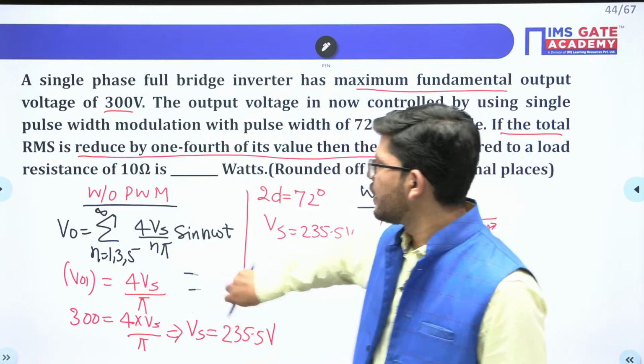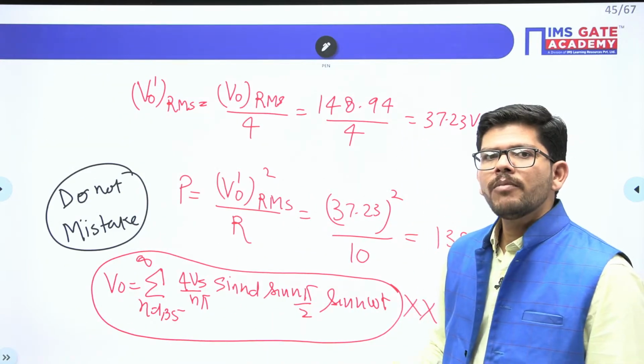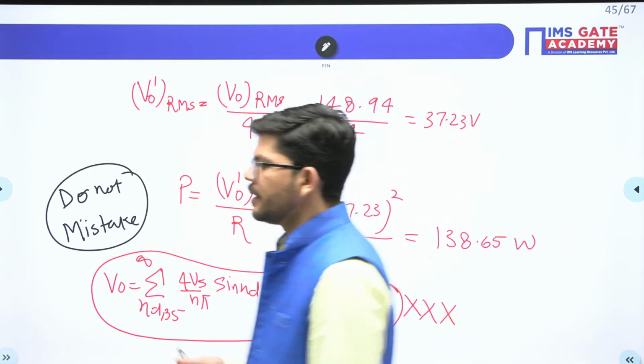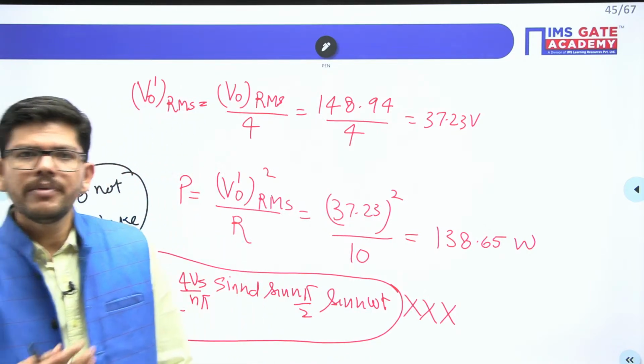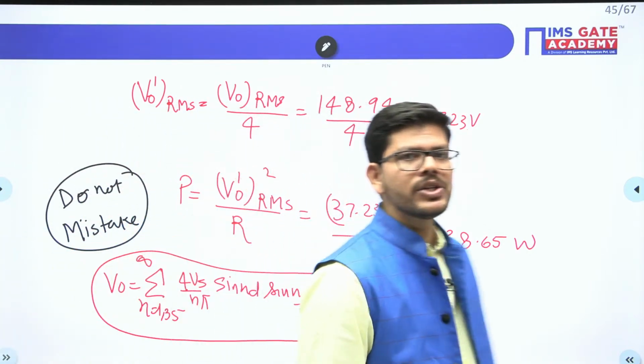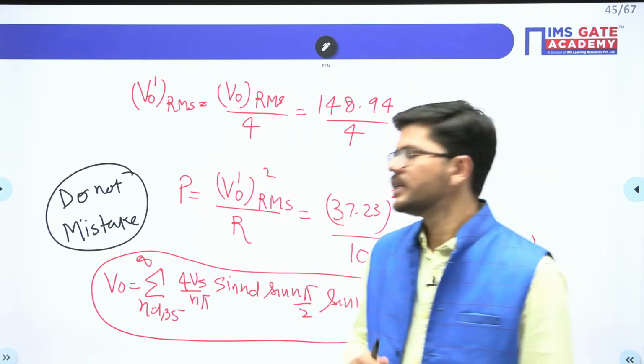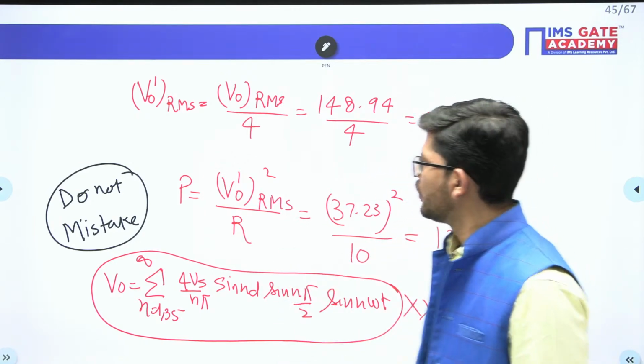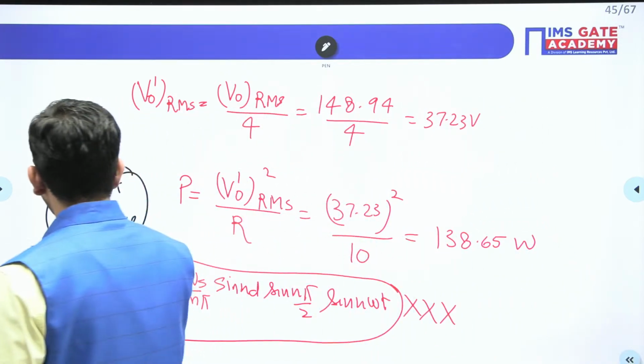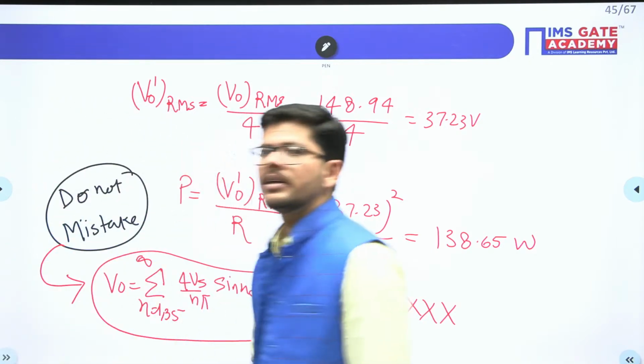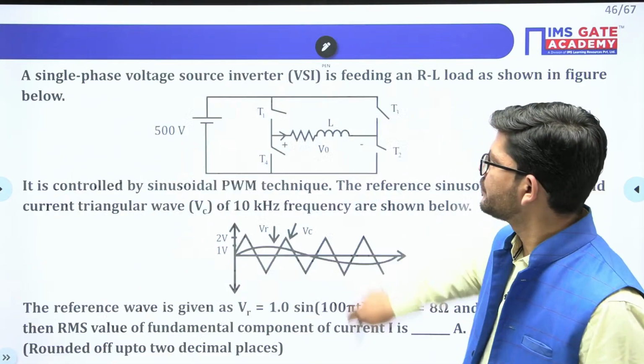So just remember this fact. This problem has so many twists and turns. So be very careful, and I'm very sure you can expect this kind of problem in the exam as well. Do not make the mistake of taking this formula. This is a reminder for you.